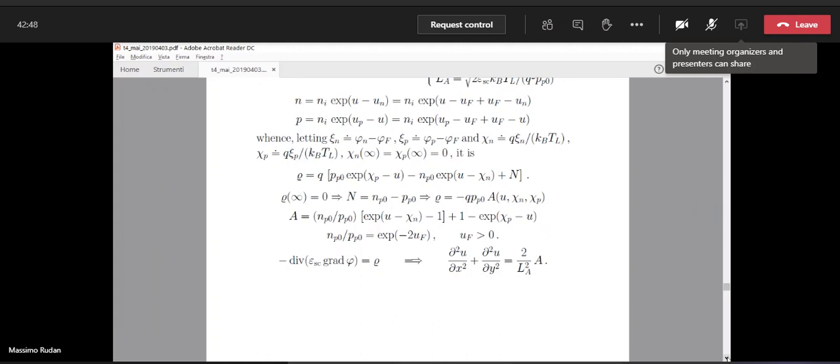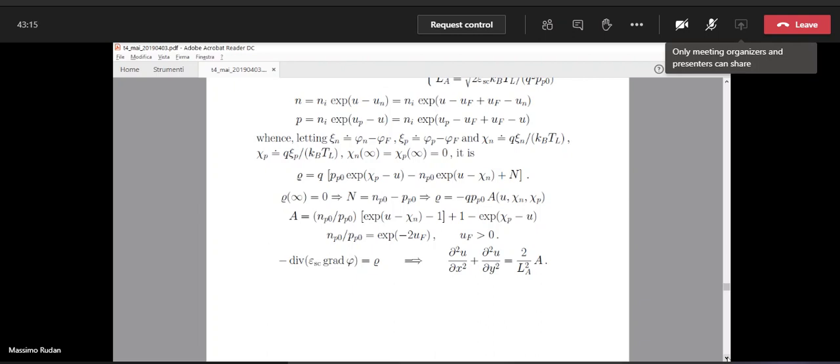The only derivative is with respect to x. So when we eliminate the second derivative with respect to y, we have a one-dimensional differential equation in which y, that appears at the right-hand side, behaves like a parameter. So it changes depending on the position in the channel where we are, okay?